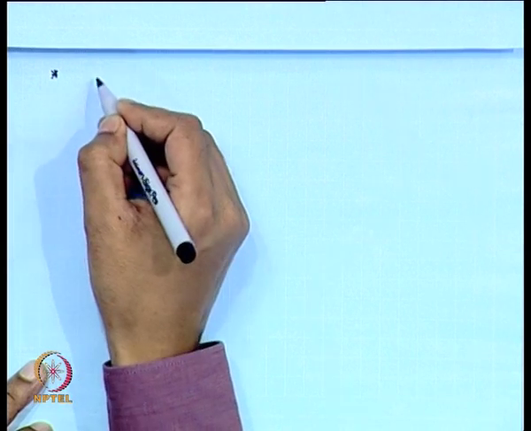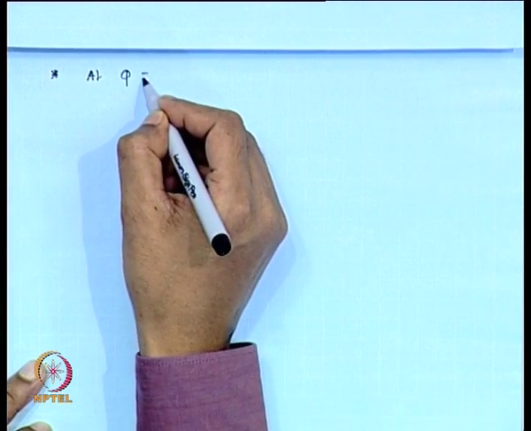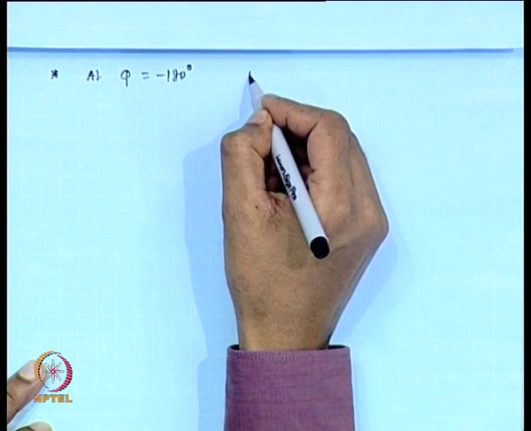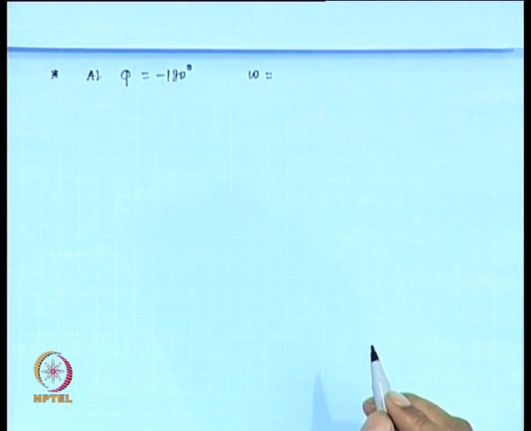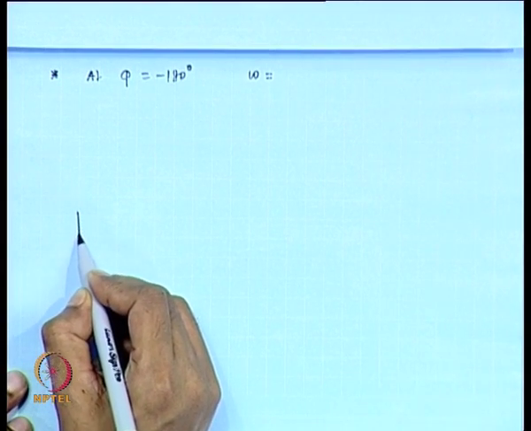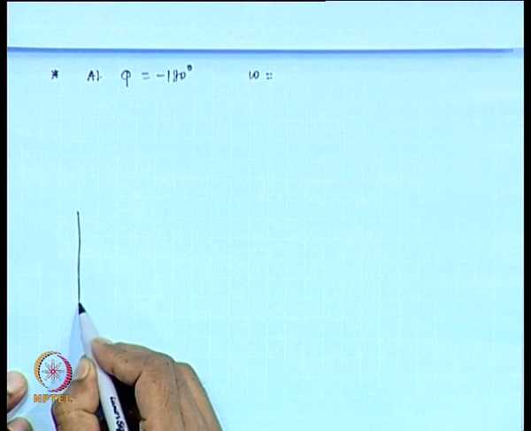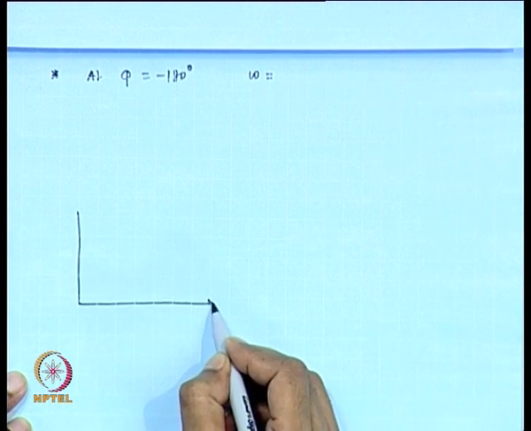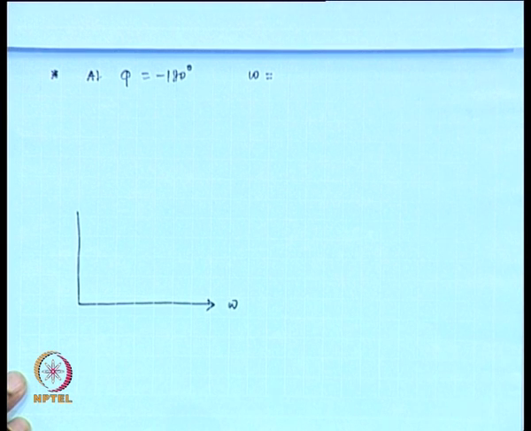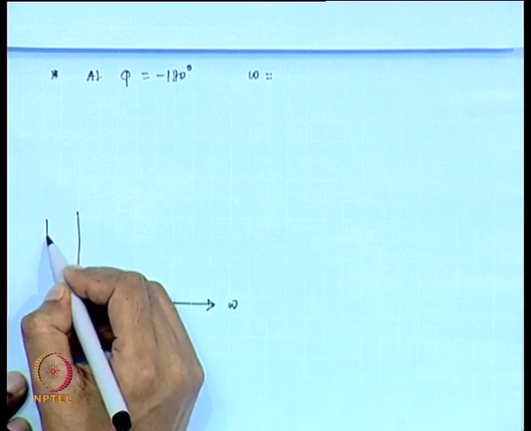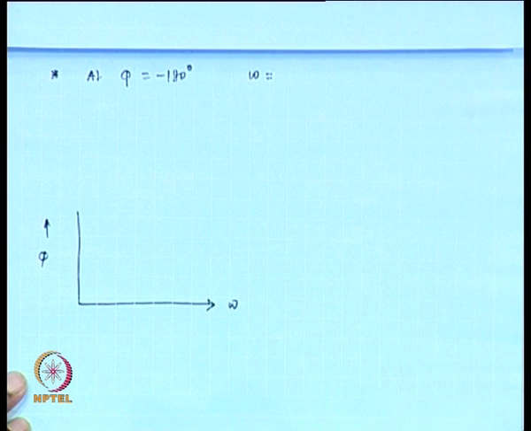Now, at phi equals minus 180 degree, we obtain the crossover frequency. So, we will try to show it in the Bode plot. This is omega, this is phi.